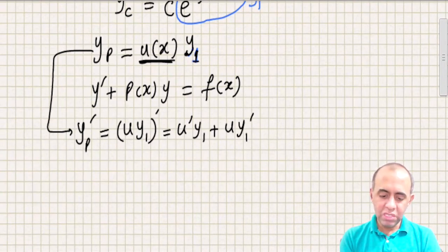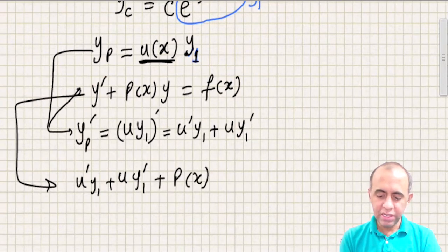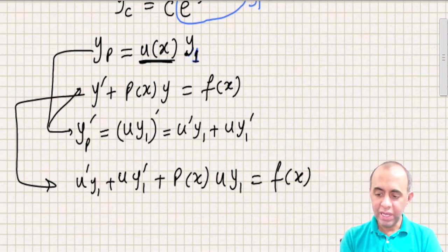Now substitute these two values, yp and yp prime, into this equation, and we get u prime y1 plus u y1 prime plus p of x into yp, and yp is u and y1, and on the right hand side we still have f of x.